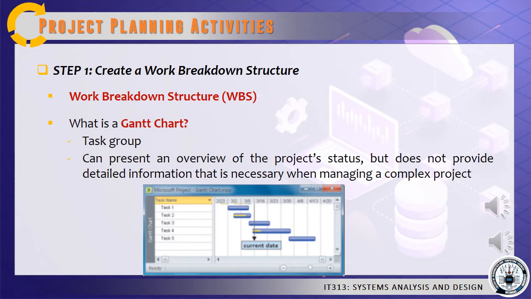On the horizontal axis, time can be shown as elapsed time from a fixed starting point or as actual dates. A Gantt chart also can simplify a complex project by combining several activities into a task group.